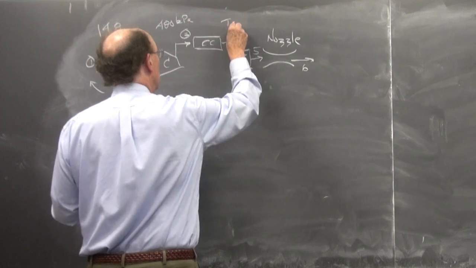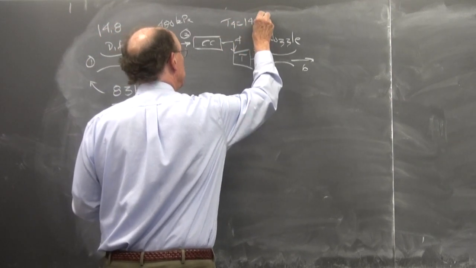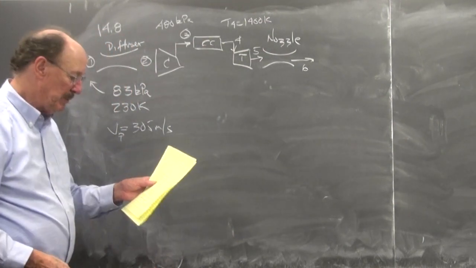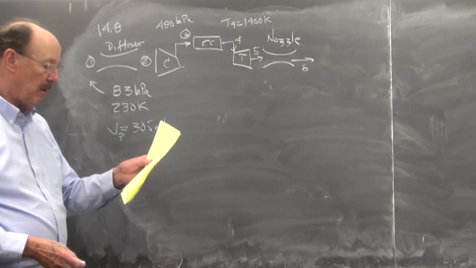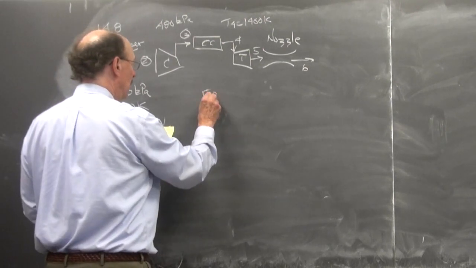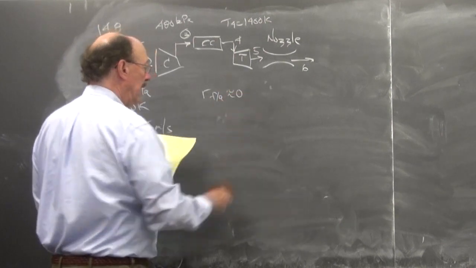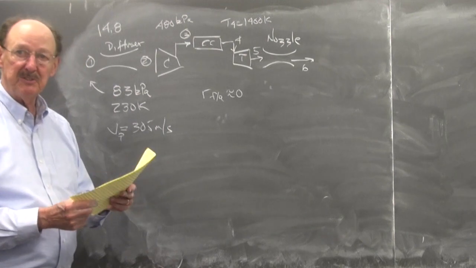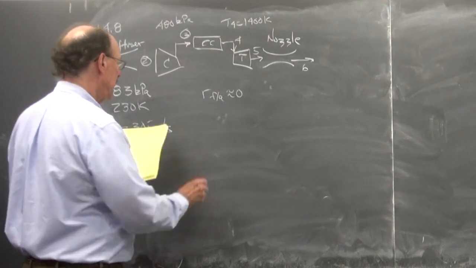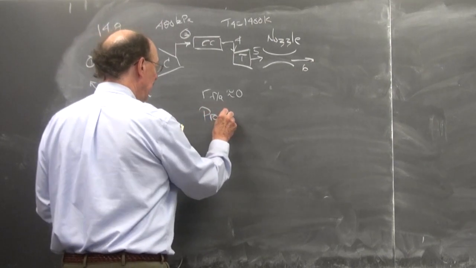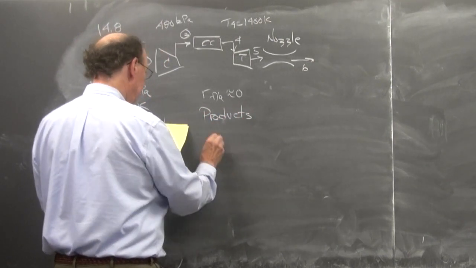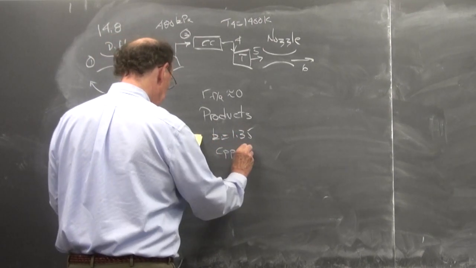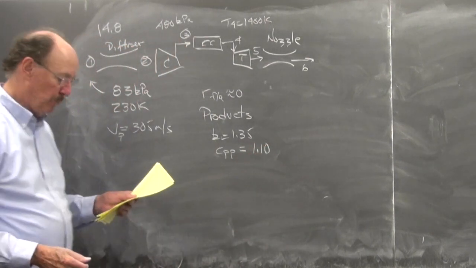T4 is 1400 degrees K. We're going to assume in this case that RFA is essentially 0. All it does is get rid of the RFA in the calculation, so it gives some easier simplifications. We can put it in, it just makes the calculation a little more complicated. And for the products, K is 1.35 and c sub p is equal to 1.1. And for air, we know what that is.